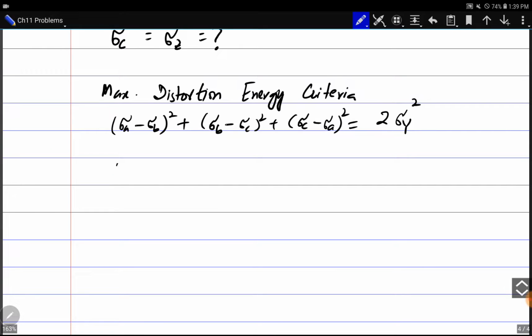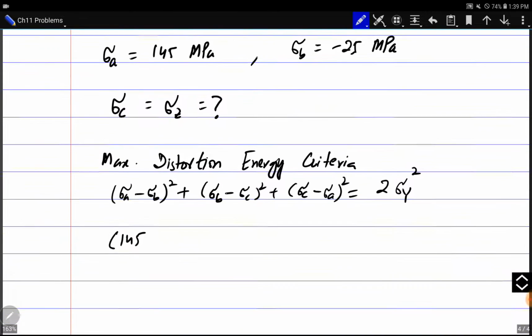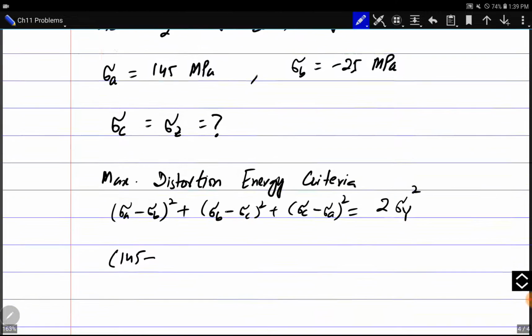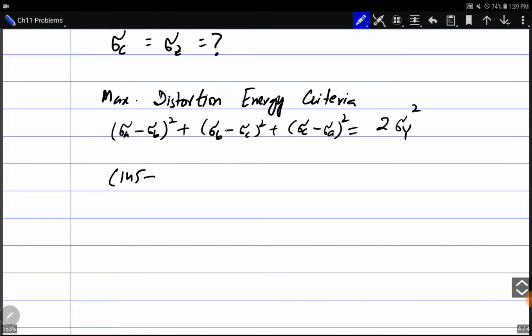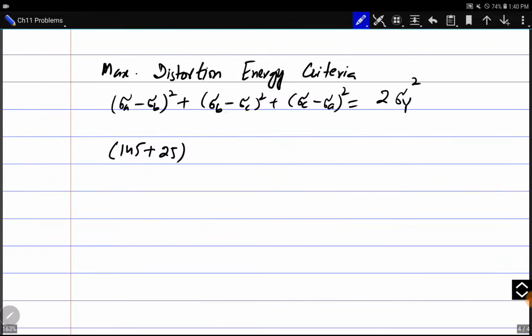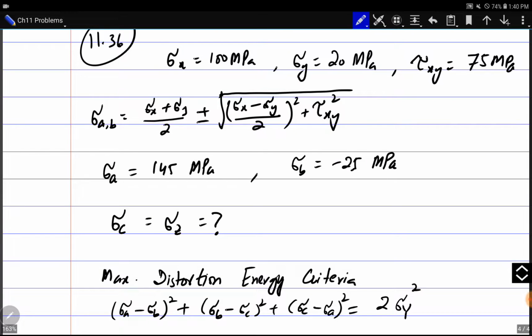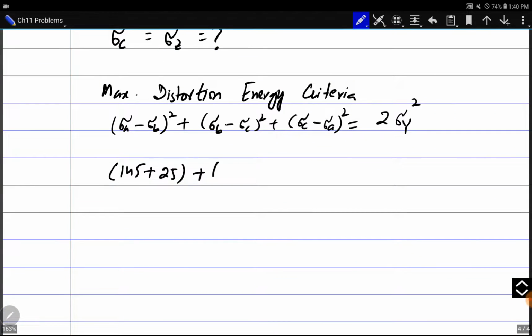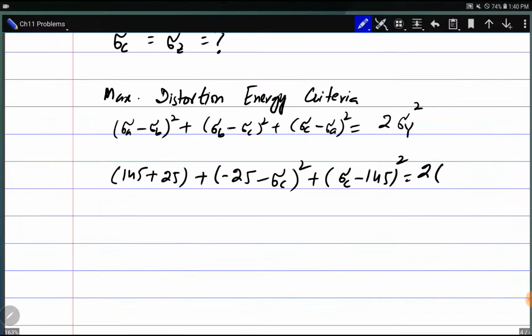Put all the values here: 145 minus minus 25, so minus and minus become plus, sigma B itself is negative, plus minus 25 minus sigma C, which is unknown, plus sigma C minus 145 squared is equal to 2 times sigma Y. It is given in the problem as 160 megapascal.